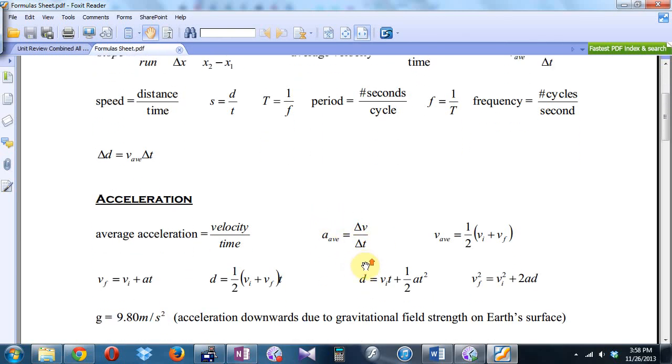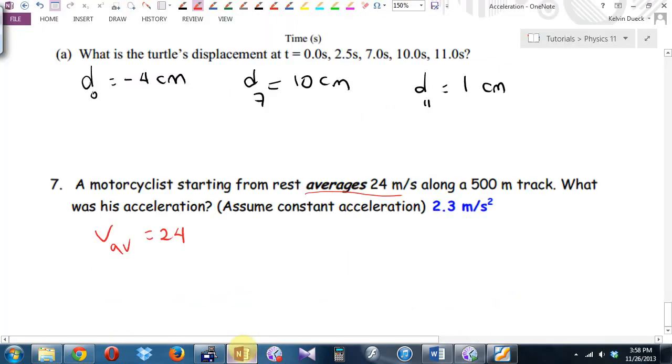Let's see here. I know that D equals V av times T. I got that right from the formula sheet. So I guess I can find time.